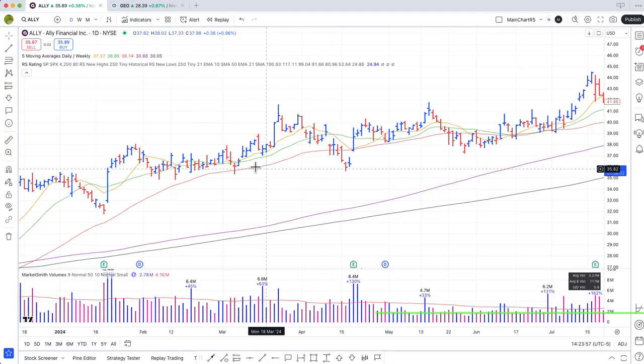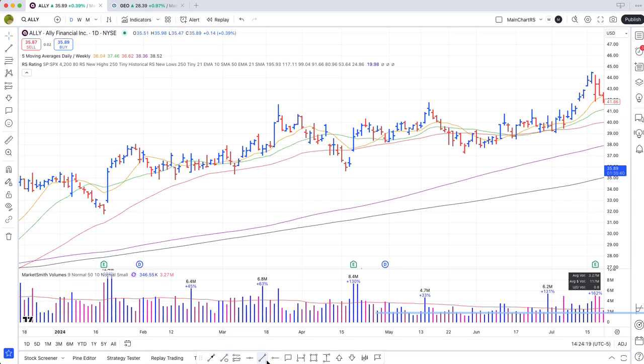So I would have come here and those markups would have been there. Let's look at this particular stock, which I bought on March 12th. Right here on March 12th, I bought this stock. And I bought it at 37.90, just a little bit over the high of the day prior.